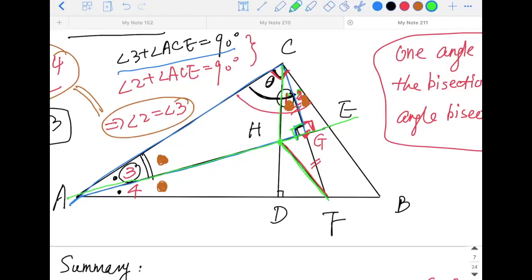The point on the bisection must have the same distance to the two endpoints of the segment. So these two angles must have the same measurement. Yes or no? Isosceles triangle, the two angles are the same.